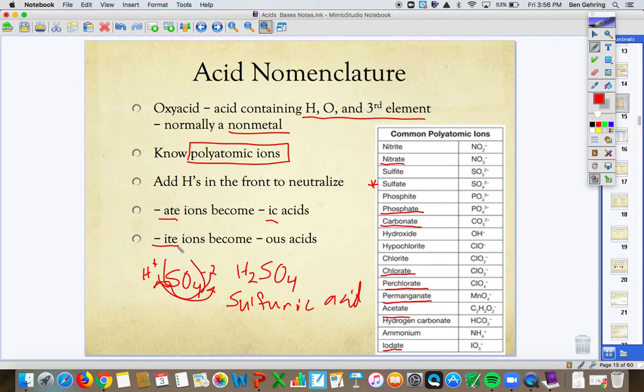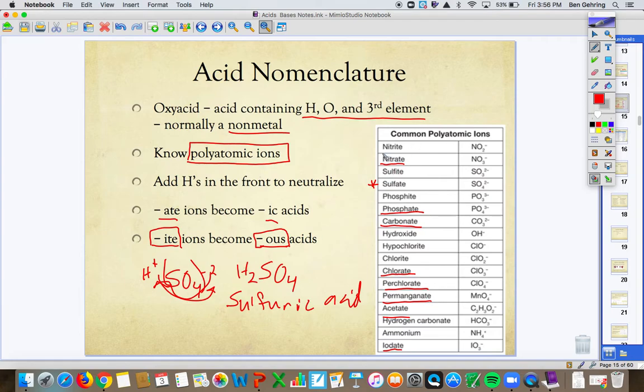Your ite ions become ous acids. This one's a little backwards as far as my logic. But if somebody asks you about you and your partner, and you tell them, hey, somebody asked about us, and they say, okay, what'd you tell them? I said, we ate. Maybe not a good thing to say, but it's a way to think about it, that if ous is ite, then we can go from ite ions to ous acids.